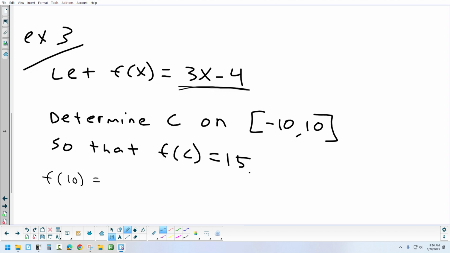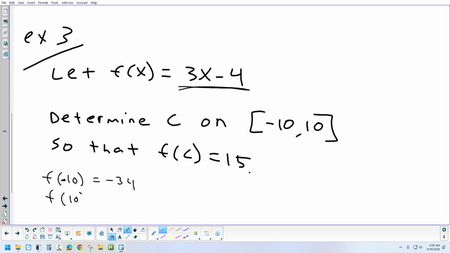If I start with -10 for x, what do I get from my formula? The result would be -34. Yep, -34.